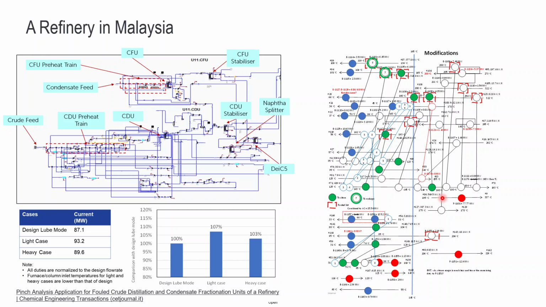So once we get the basics of this grid diagram, we can then place the existing heat exchangers, like in this case, the white ones. These are the existing heat exchangers. So we have one big stream over here. It splits into three, and one part is then matched with the stream somewhere here. So this is an existing match of a heat exchanger, and then we can put the numbers next to it.